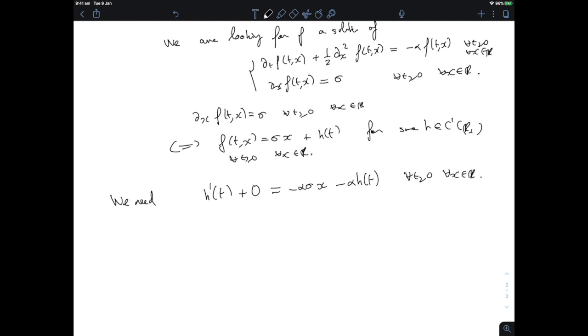Right, but that's bad news, because we can't possibly solve that, because this equation will have a different solution for different values of x. And we need one solution that works for every value of x. And so this has no solution. So that's bad news.